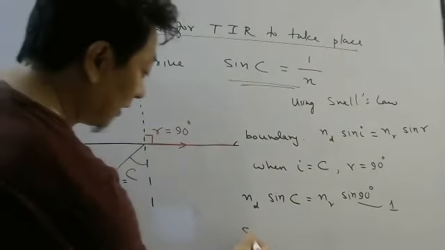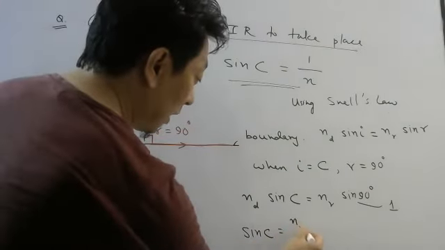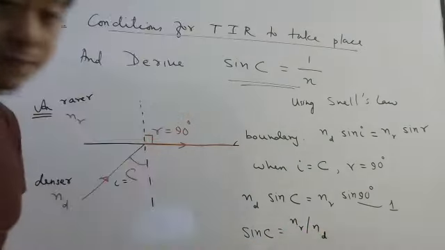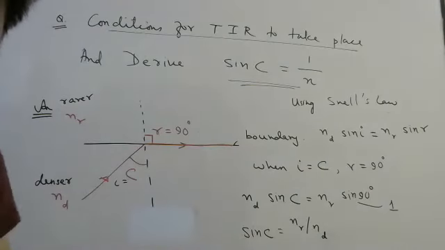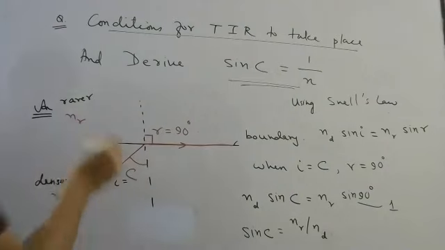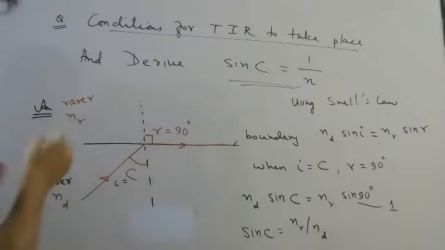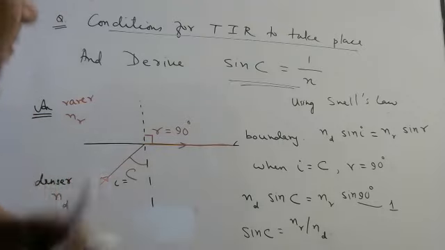So sine C, sine of the critical angle, will be equal to NR by ND. But they told 1 by N, right? That is because in NCERT, they have taken the rarer medium as air.